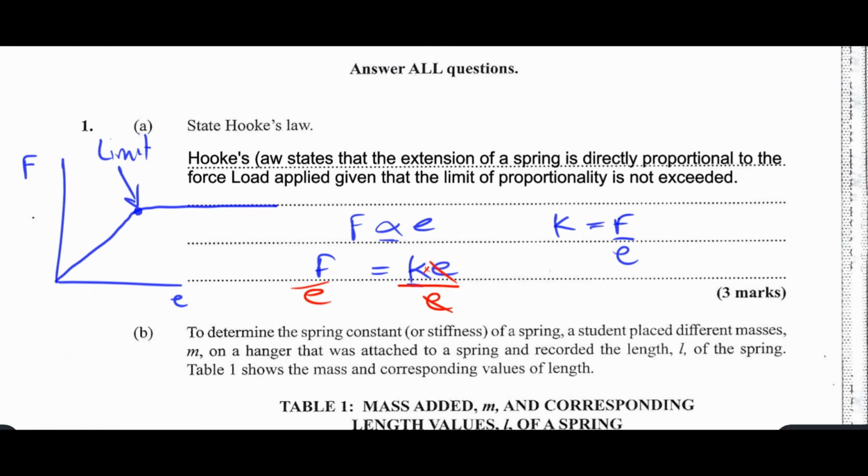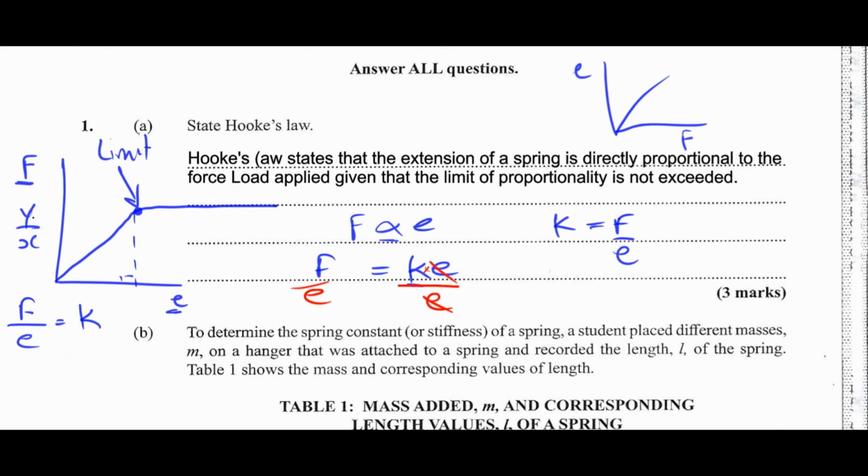Now, if we had plotted a graph of E against F, the gradient of the original graph would have been rise over run, or the y-axis divided by the x-axis. On the y-axis we have F plotted, and on the x-axis we have E, so F over E is equal to K by the equation.